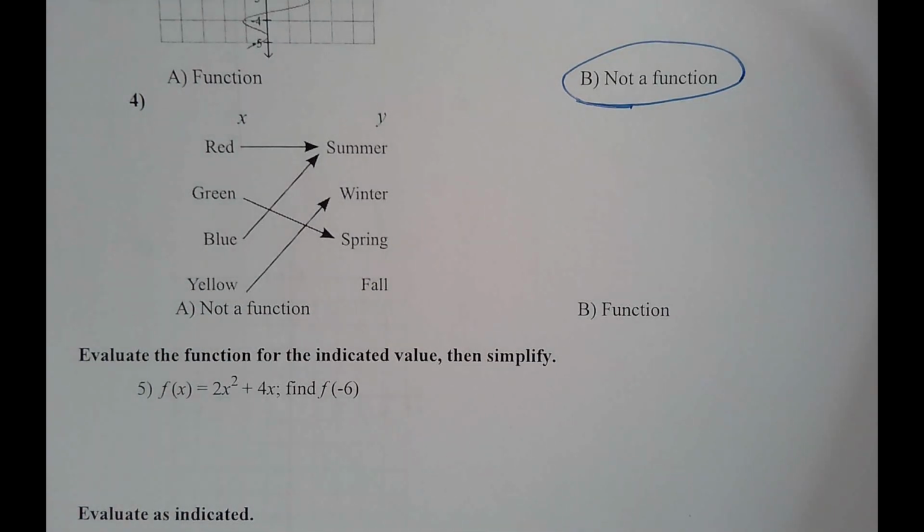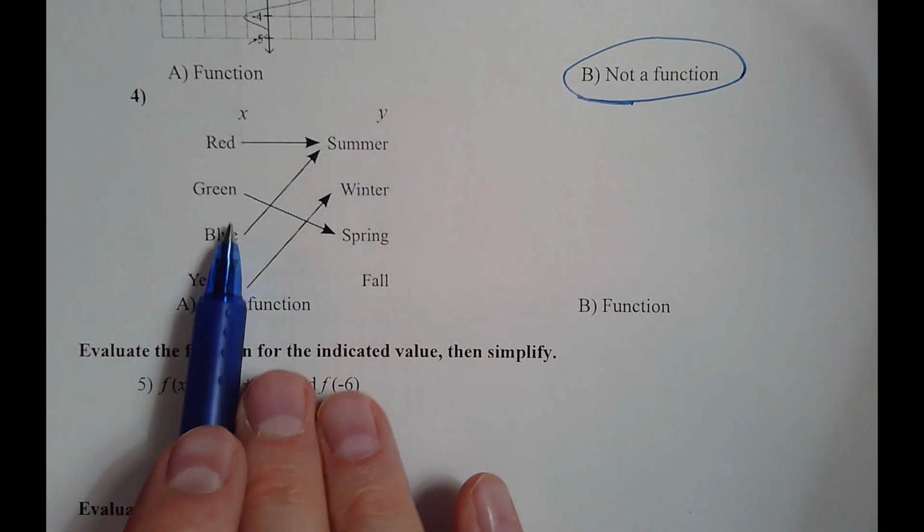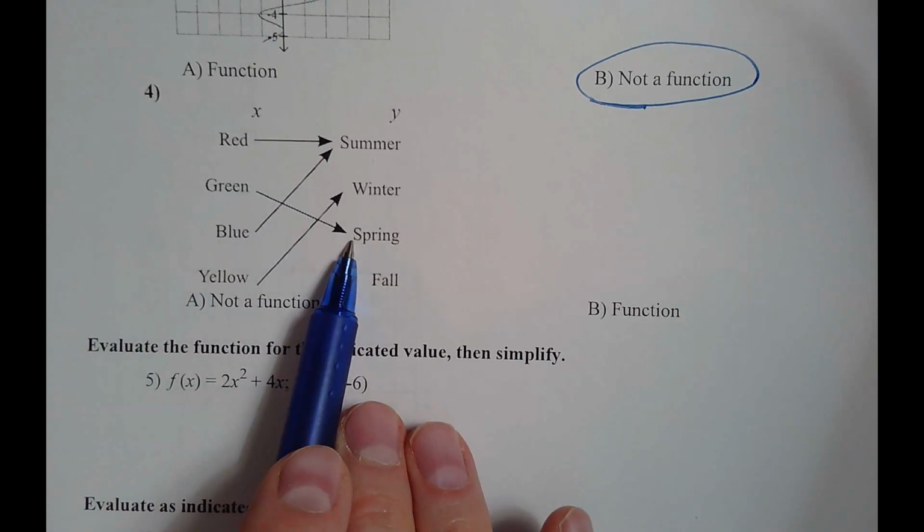All right, pause the video and try number 4. All right, let's resume. And again, I'm looking for, does each X value only go to one Y value? That goes there, that goes there, that goes there.